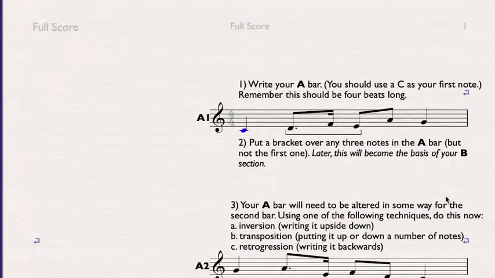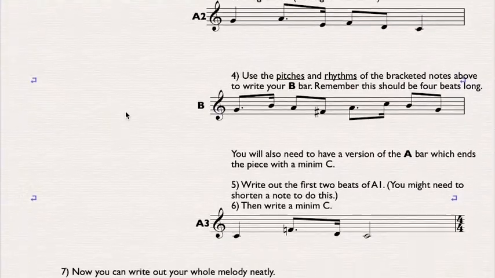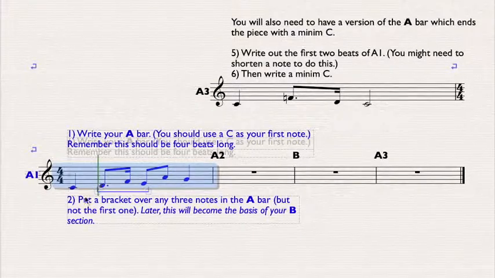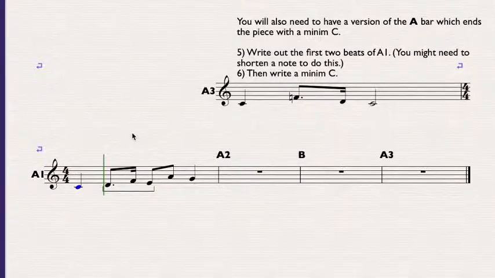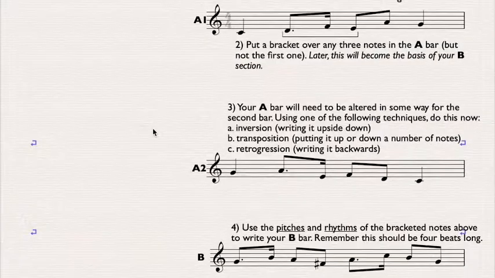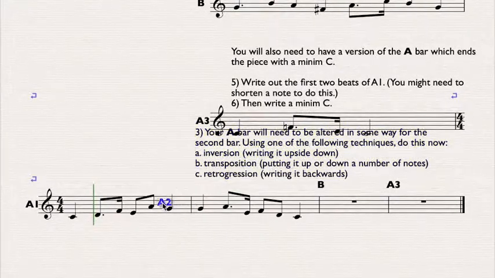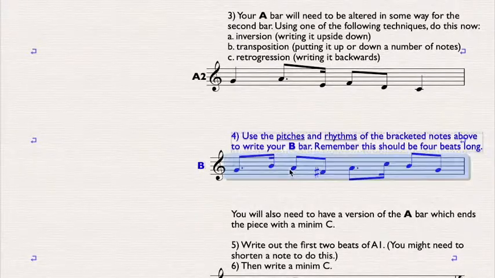So what we have to do now is take these bars and input them in the right order. So we put A1, you're going to do this by hand of course, but I'm going to copy and paste. So A1 goes first, we don't need the bracket anymore, then A2 goes next, I'll get rid of the text as we go, and B goes next.